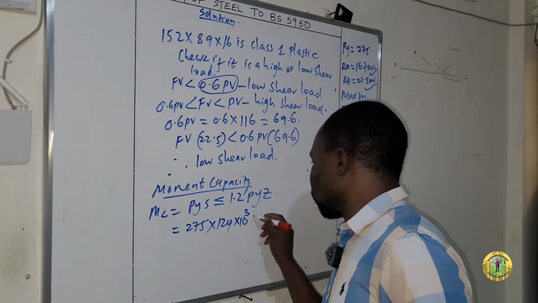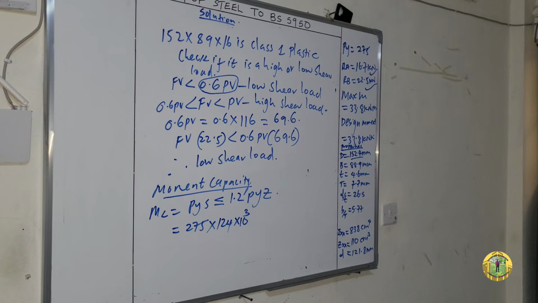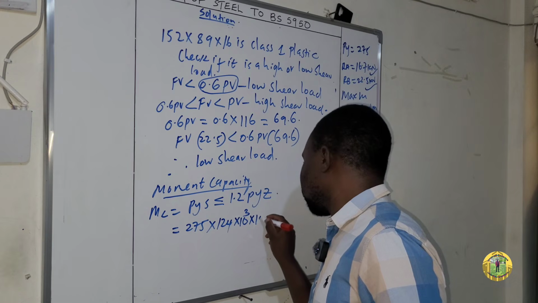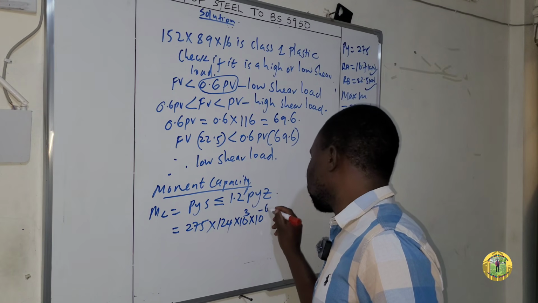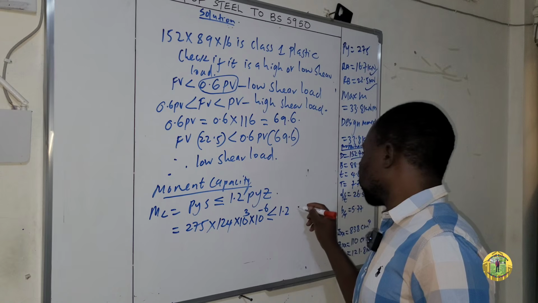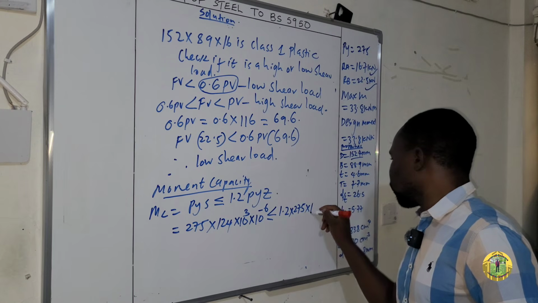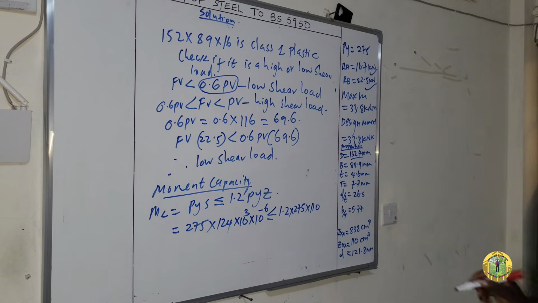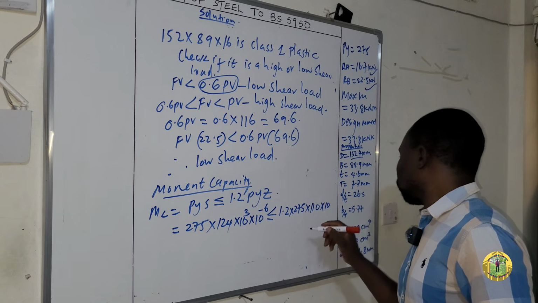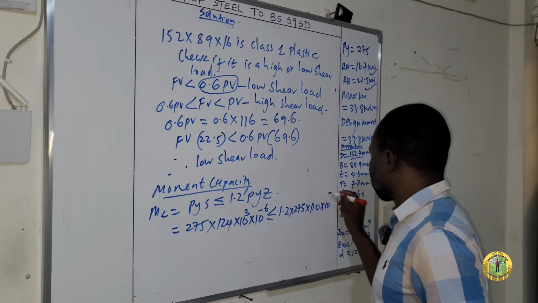Because our answer will be in Newton millimeter, and we want it in kilonewton meter, you will again multiply by 10 raised to power negative 6, and it must be less than 1.2 times Py, which is 275, times Z. Z is 110, and you multiply by 10 to power of 3 to change it from centimeter cubed to millimeter cubed, like that.